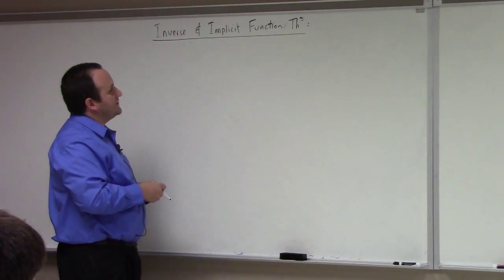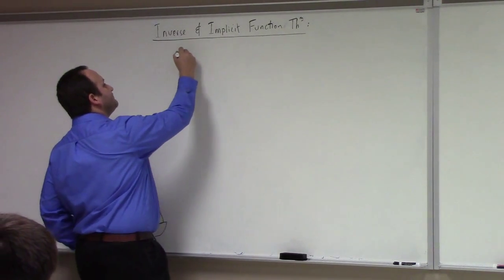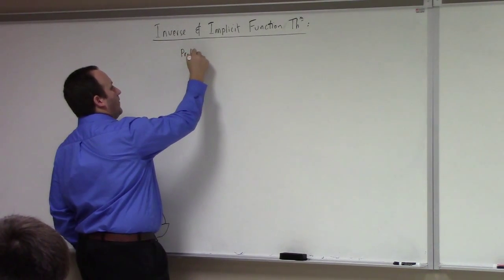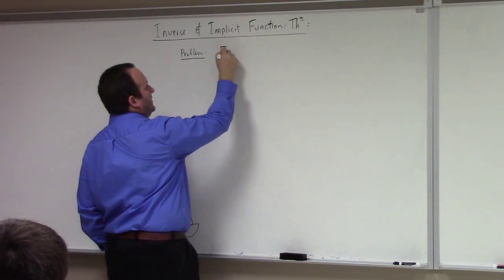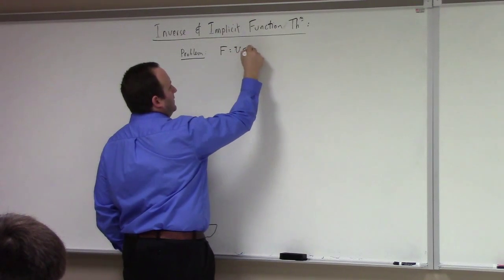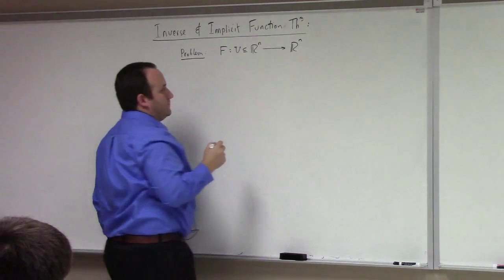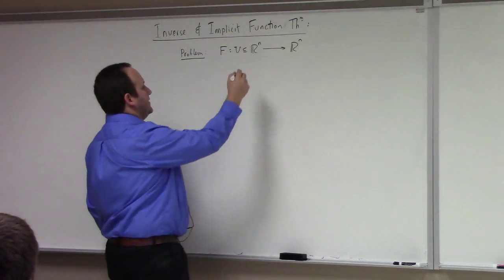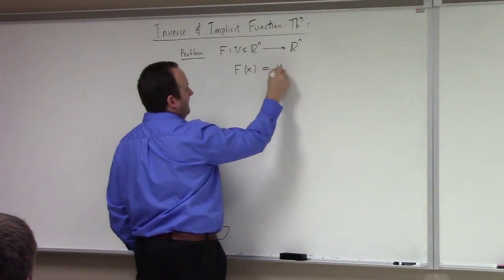So, what are the inverse and implicit function theorems? Let's look at the problem. So what's the problem? You've got a function f, let's say from some subset U of R^n to R^n, all right? And so you could say f of x is equal to y.